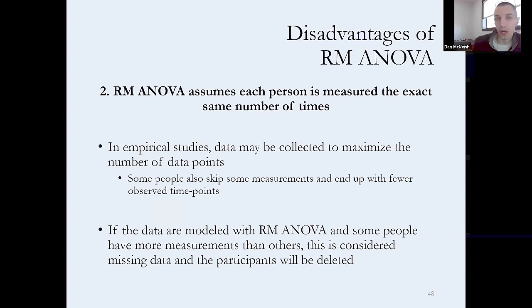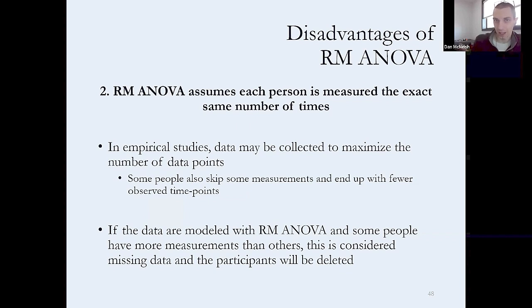This is not always how longitudinal studies are designed. Sometimes the interest is in maximizing the data that you can collect. So person 1 might have 7 measurements because they could come into the lab or fill out a questionnaire 7 times. Someone else might have 4, someone else might have 3. Repeated measures ANOVA doesn't really allow you to have that data structure.